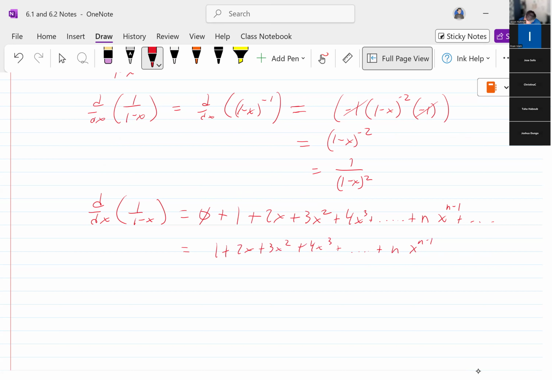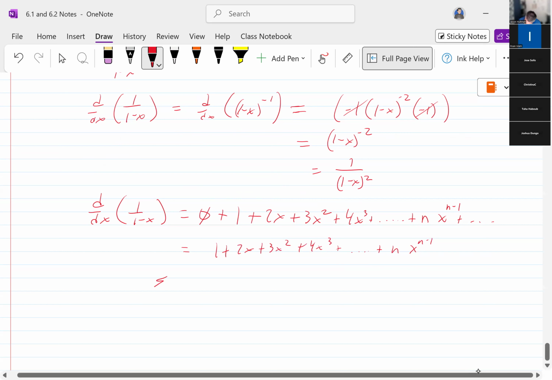If we start with the series n equals 1 to infinity, what are we going to have here? We're going to have 1 times x to the 0, that's just a 1. Then we're going to have 2. So this should just be n x to the n minus 1.